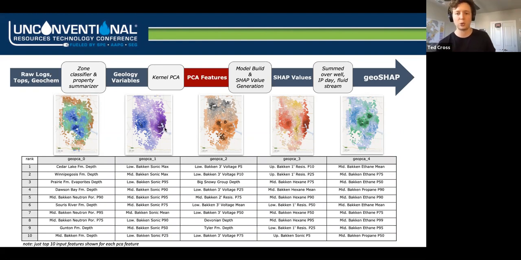So it's cool that the model is able to pick that up. PCA 2 is somewhat cryptic to me. Same with PCA 4, but PCA 3 picks up the Nesson anticline, which is a large arch that goes through the middle of the basin that has a lot of oil in it.